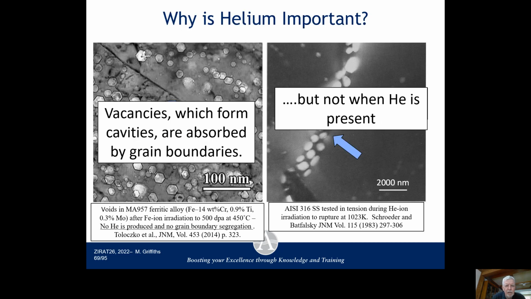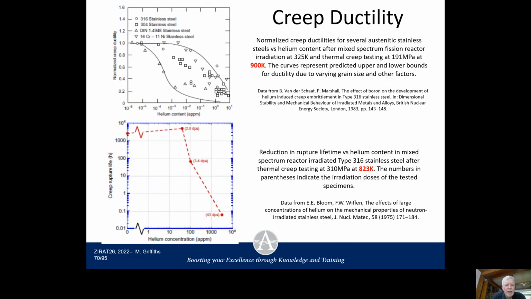So this latter picture here is some work by Schroeder and Batalski on creep ductility. Taking data from these sources, we see that as you increase the helium content, the amount of strain before the material fails decreases.